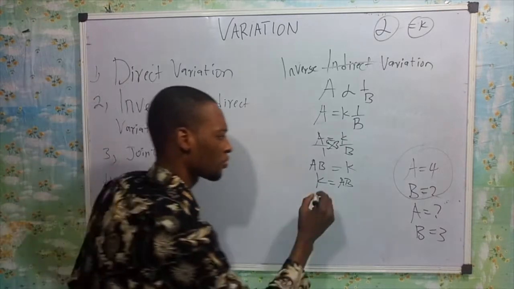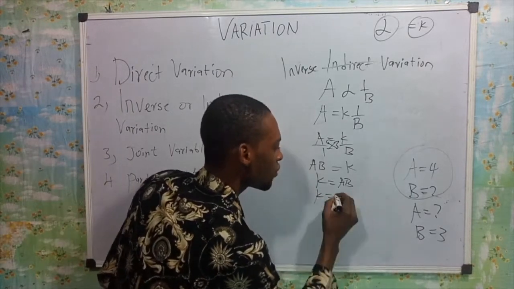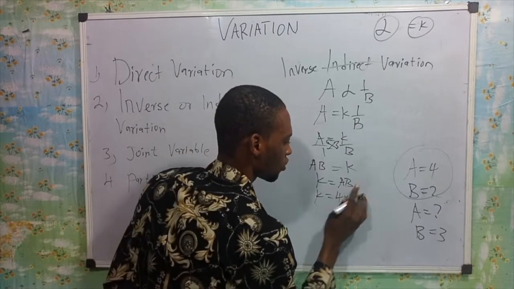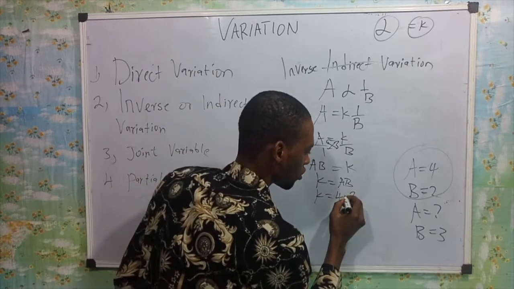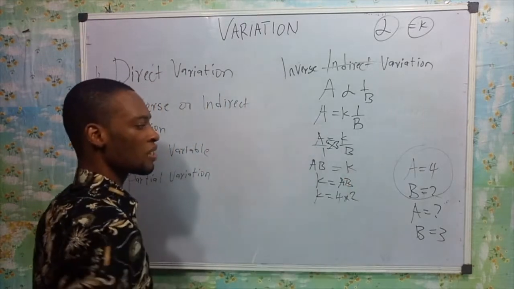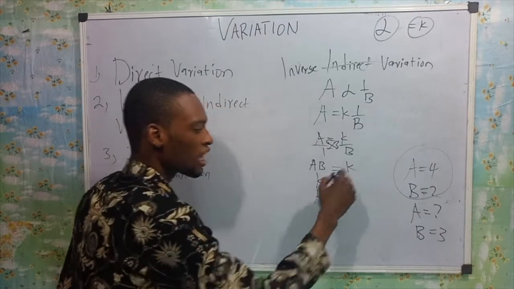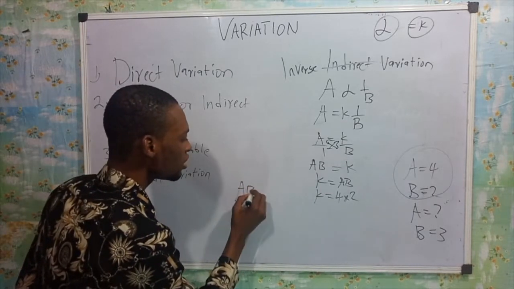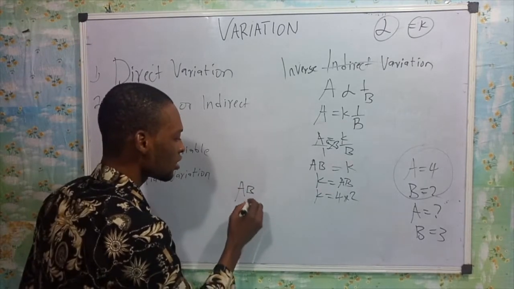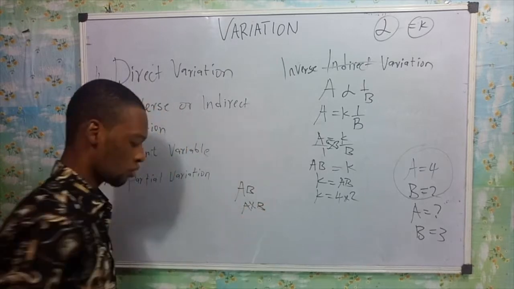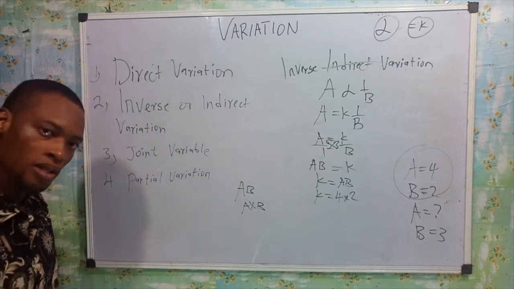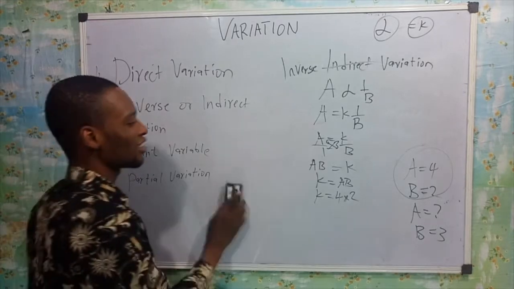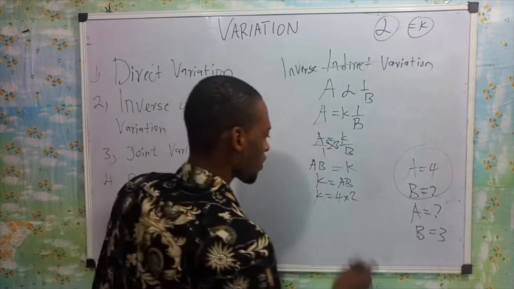So K equals, A is 4, B is 2. So here you see two alphabets together. So they are being bound by multiplication, is times. So AB is the same thing as A times B. Hope you understand. Do you understand? Good. So it should be 8.